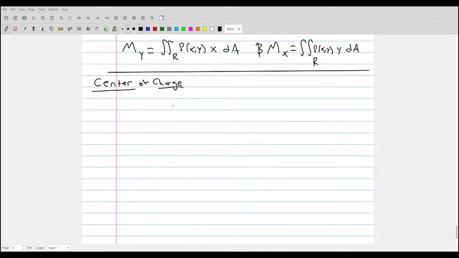So I'll use capital Q instead of capital M. The x center of charge is going to be Qy over Q, and the y center of charge is going to be Qx over Q.